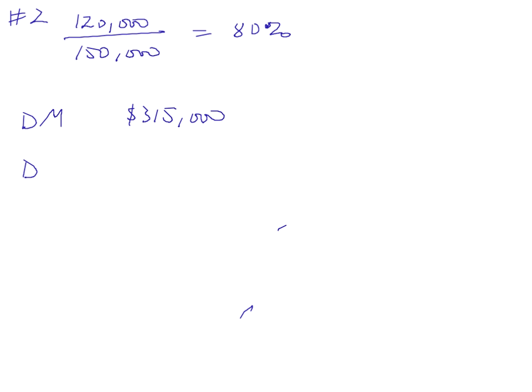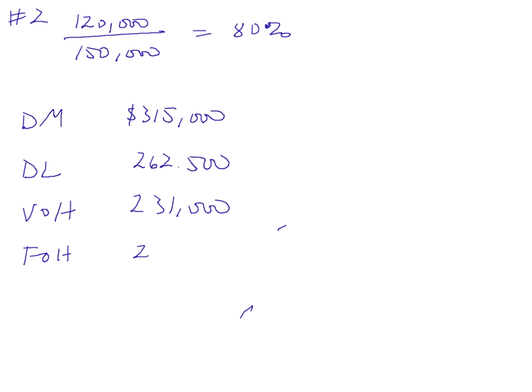Direct labor is $262,500. Variable overhead was $231,000, and fixed overhead is $270,000. So these were our costs last year.